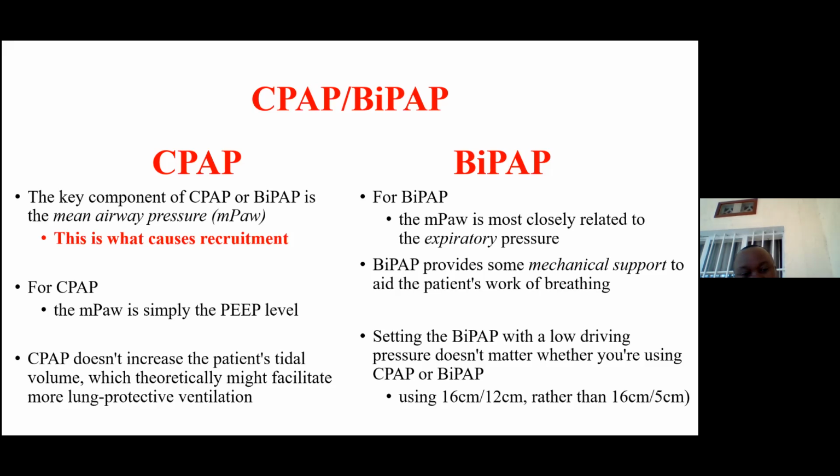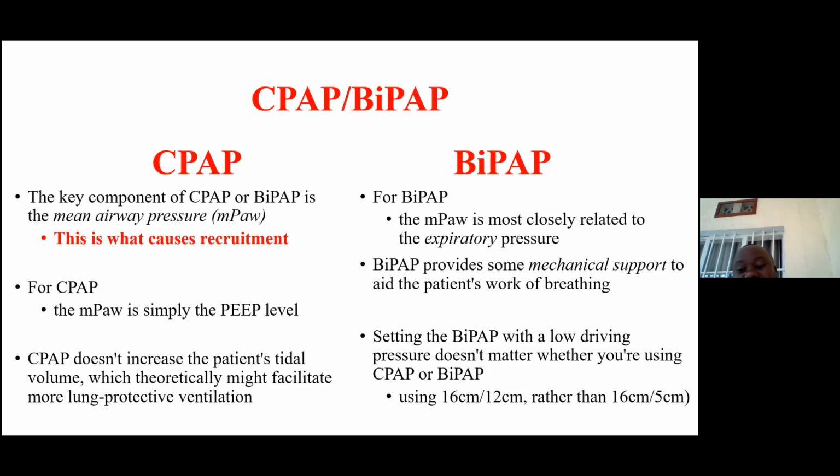And CPAP, as we said, doesn't increase the patient tidal volume, whereas with the BiPAP, we will be having those two pressures, which may also cause barotrauma, so there is a setting you have to be on. Here we are using 16 centimeter over 12 centimeter.